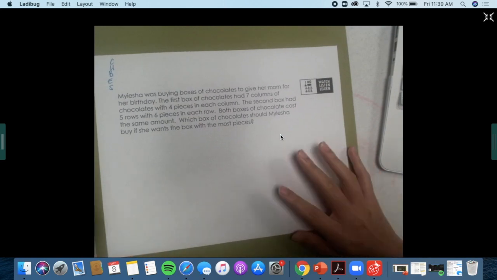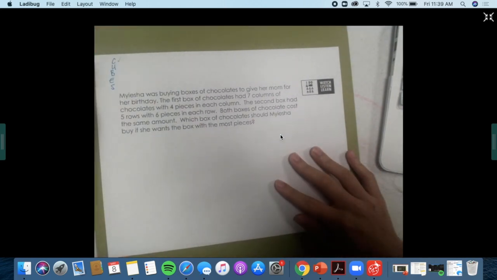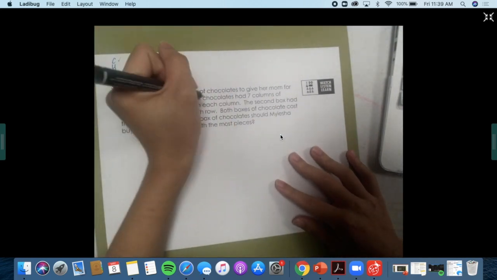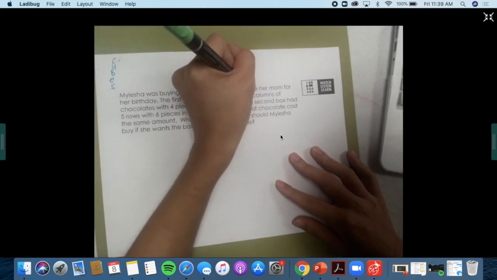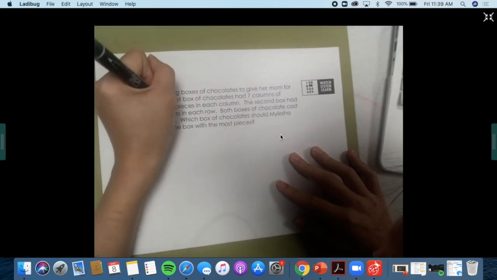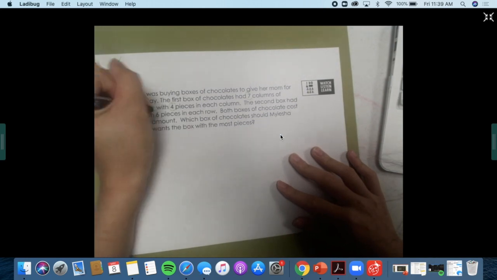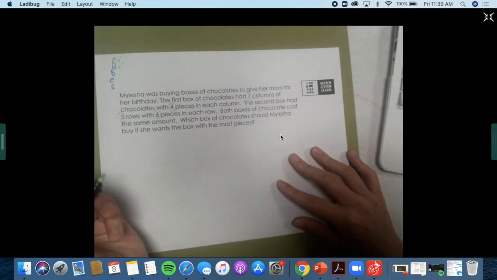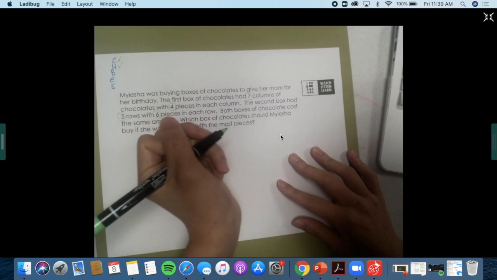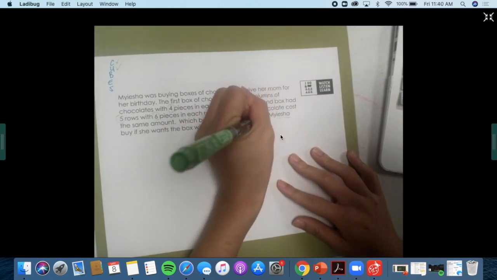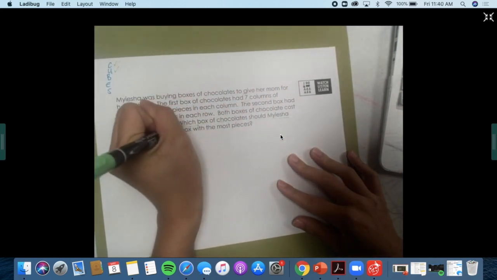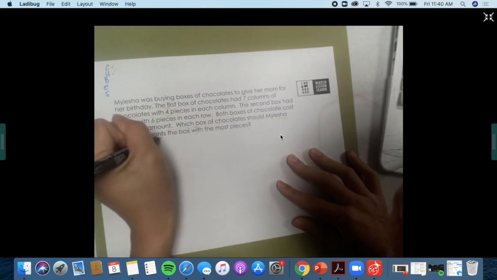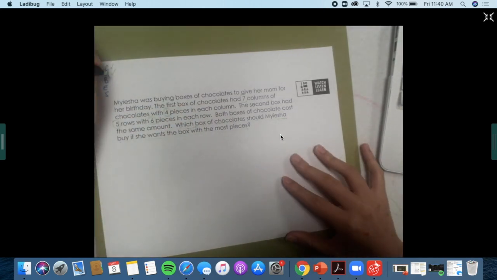So the first thing I'm going to do is circle my numbers. So I see 7, I see 4, I see 5, and 6. The second thing I see is I have to underline my question, and it says, which box of chocolate should Maisha buy if she wants to buy the one with the most pieces? I'm going to box my action words.